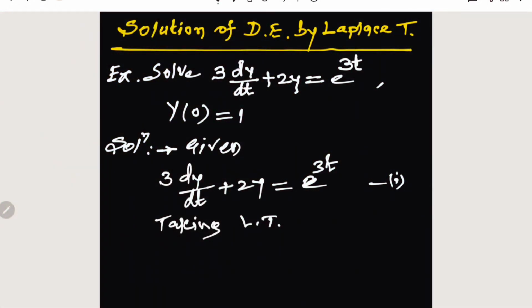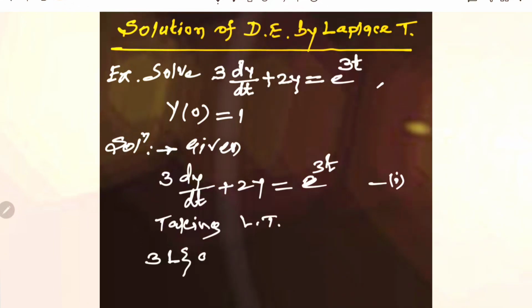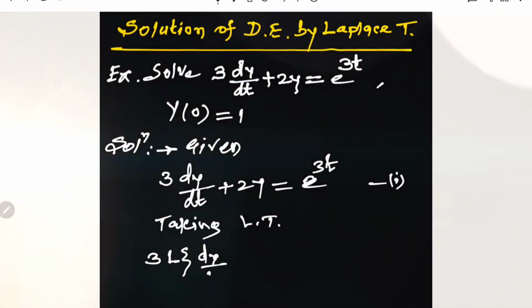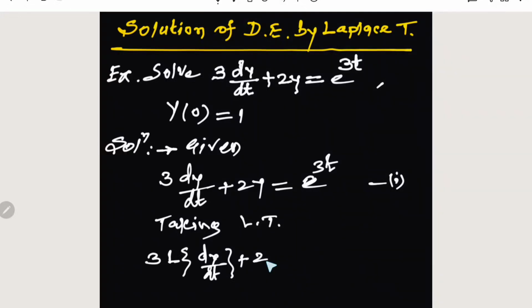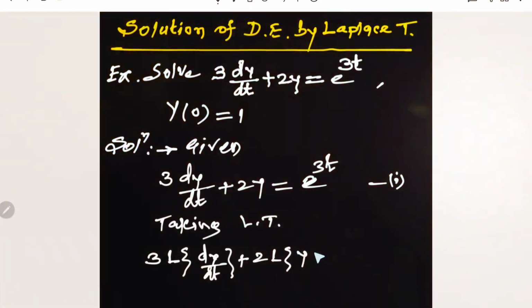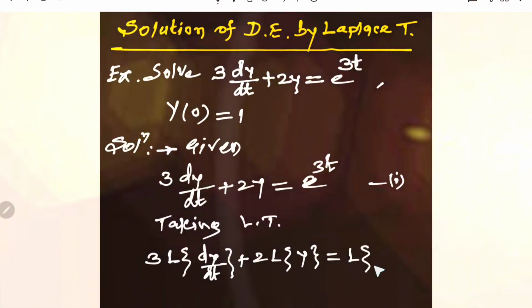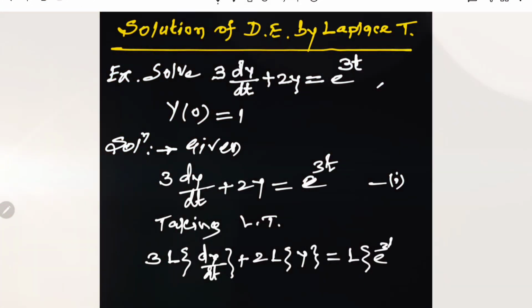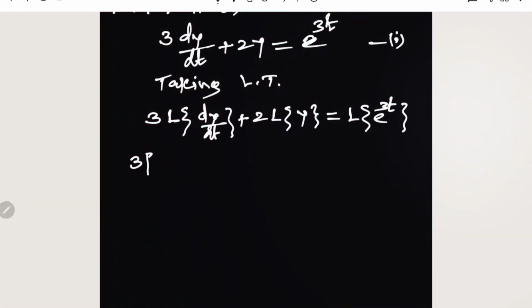On both sides, and therefore 3 is a constant term, we take it outside. Laplace transform of first order derivative dy by dt, 2 constant, Laplace of y, and is equal to Laplace transform of e raised to 3t. It is 3 as it is.